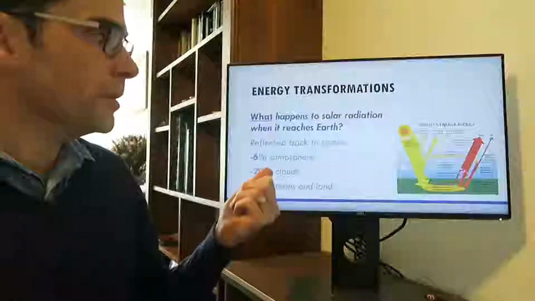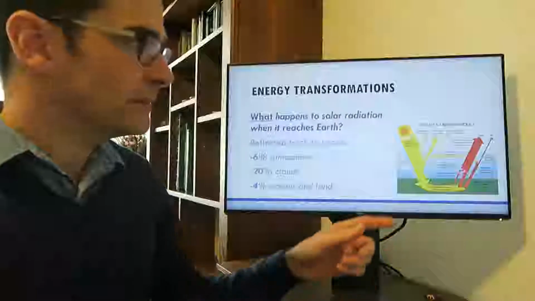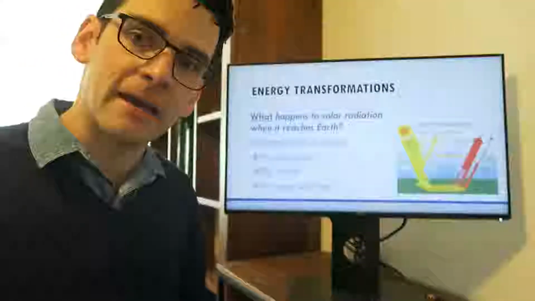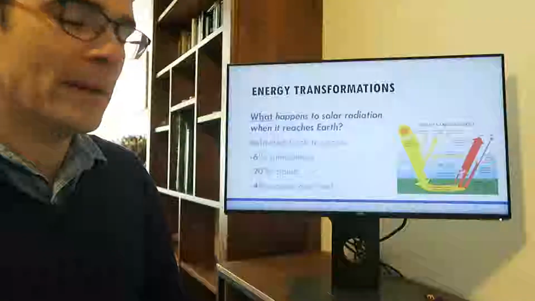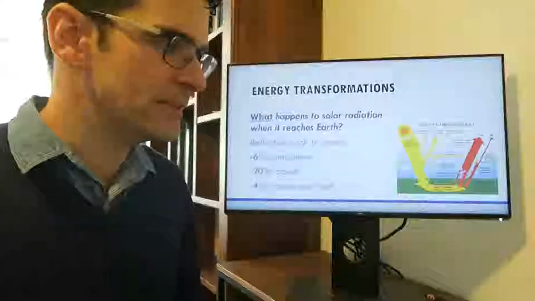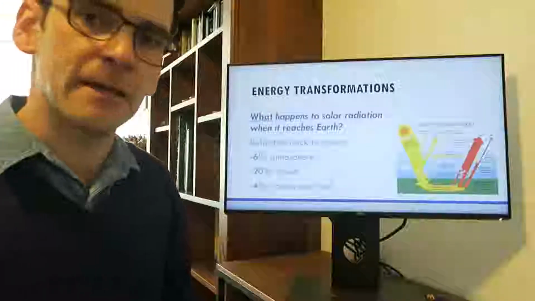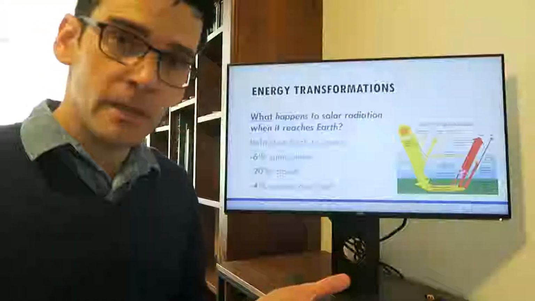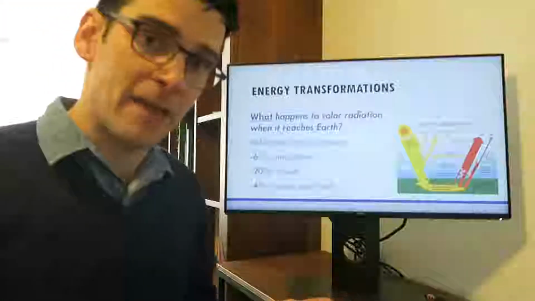So in terms of reflection, we know that 6% immediately gets reflected back into outer space. This is bounced straight off the outer atmosphere and doesn't even go any further. Another 20% gets reflected or bounced off our clouds.